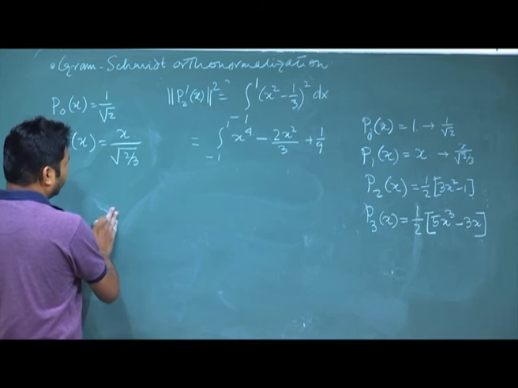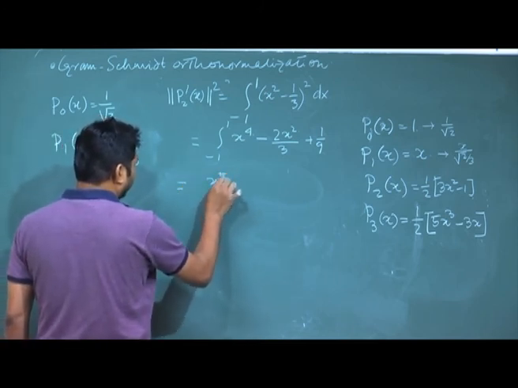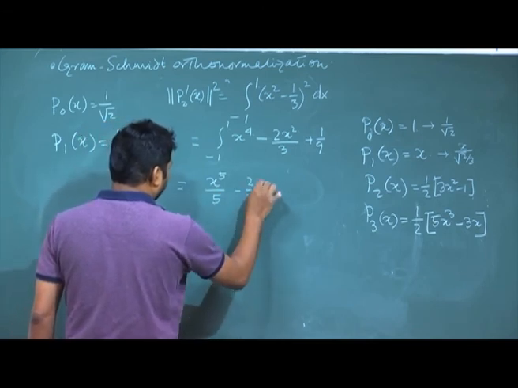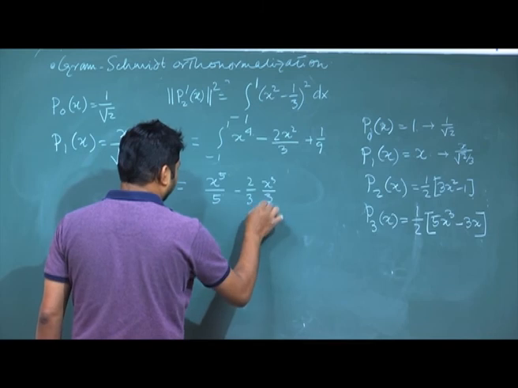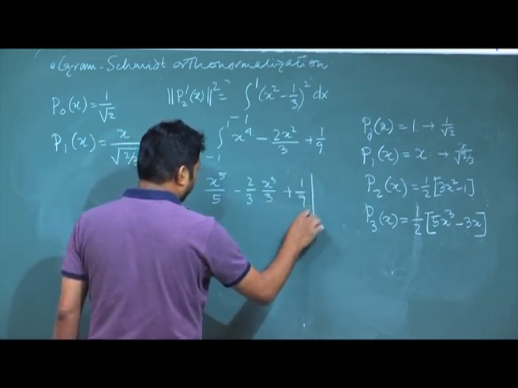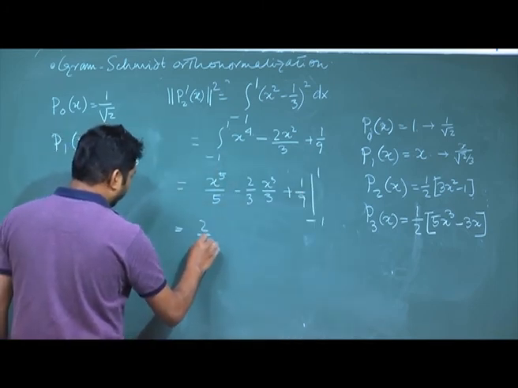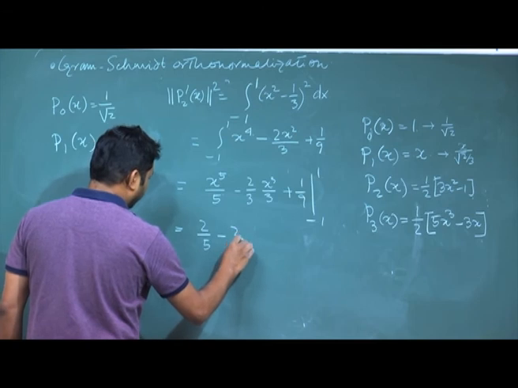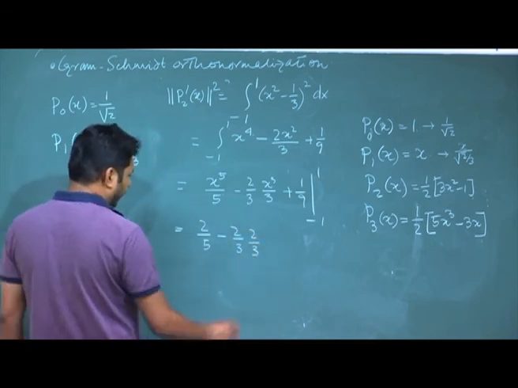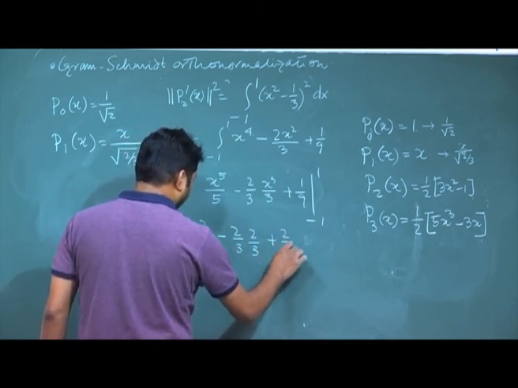If I integrate, it will be x to the power 5 by 5 minus 2 by 3 times x cube by 3 plus 1 by 9 x, with the limit minus 1 to 1. If I put that in, it will be 2 by 5 minus 2 by 3 into 2 by 3 and plus 2 by 9.